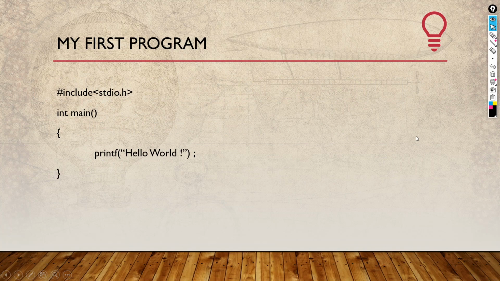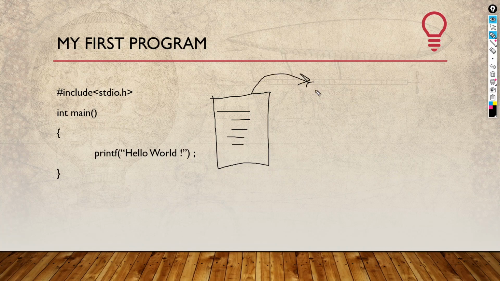So this is our first program. These are all the lines of code, okay? First of all, you need to open the software and write these lines of code into it, and then save that. After saving, you need to execute that file.